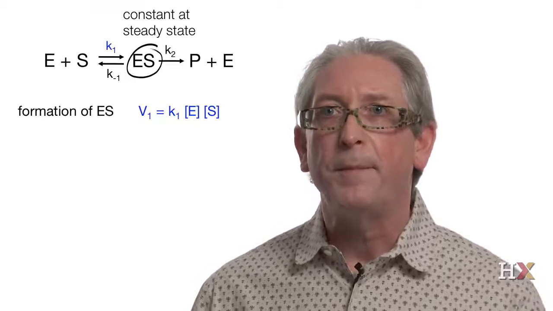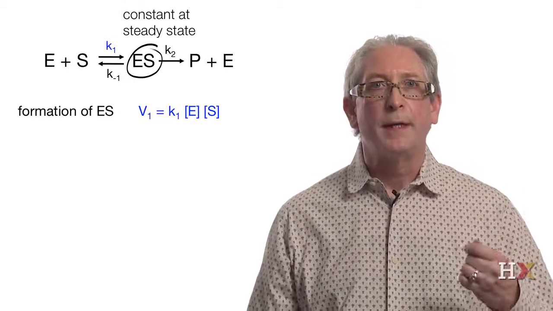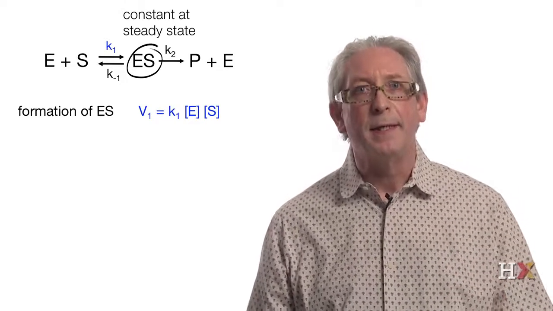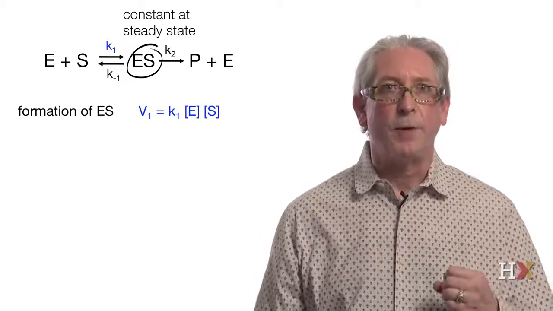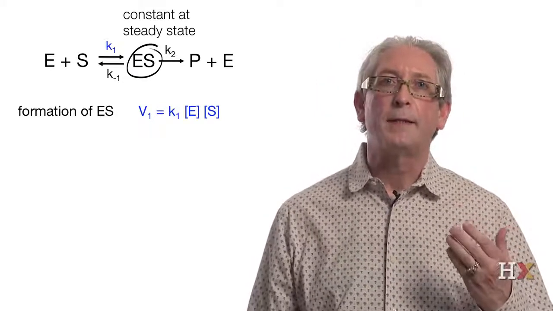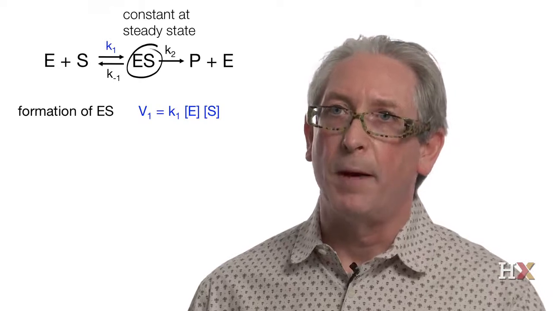So what we have is V1, the velocity of formation of the enzyme-substrate complex, equals K1 times E times S. The second thing that we have to determine is the rate of the dissociation of the enzyme-substrate complex.